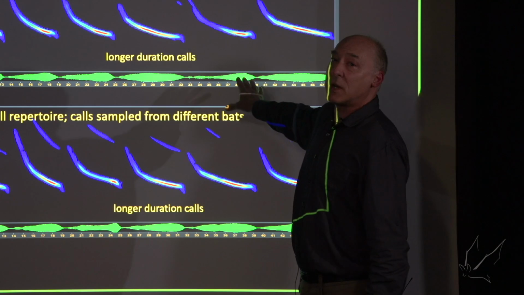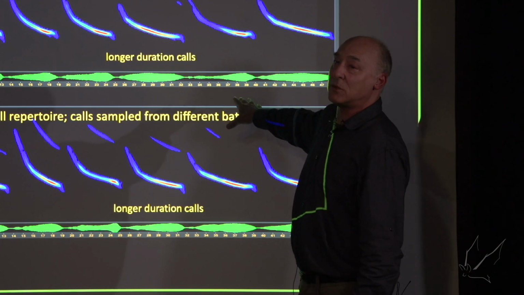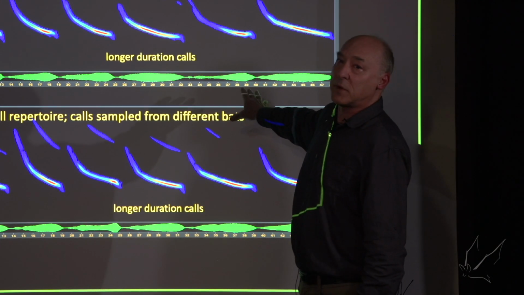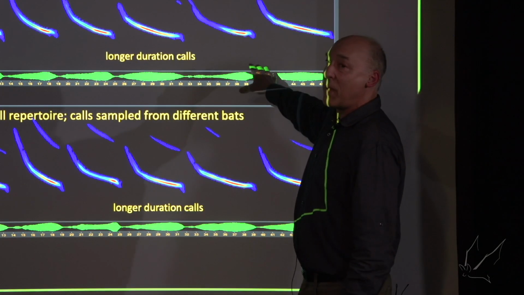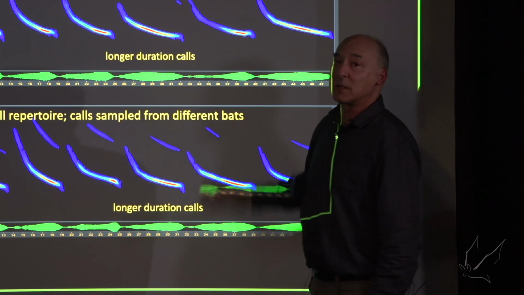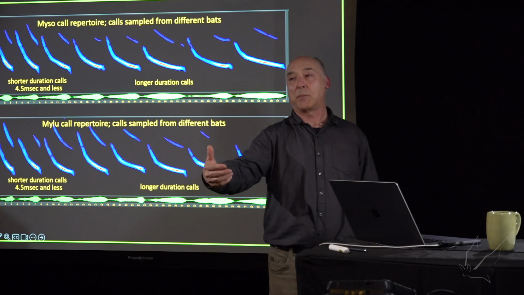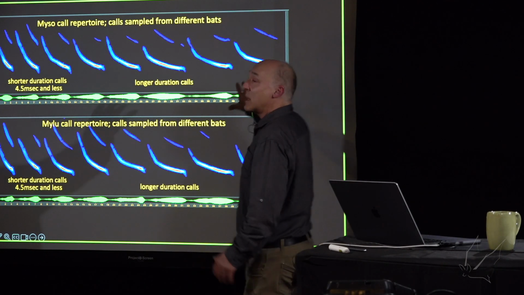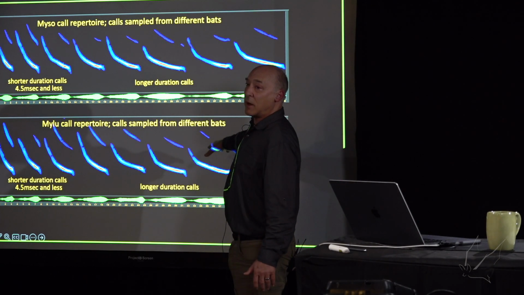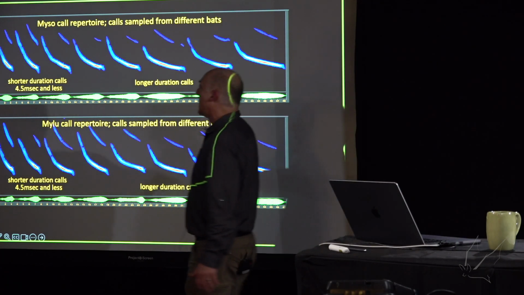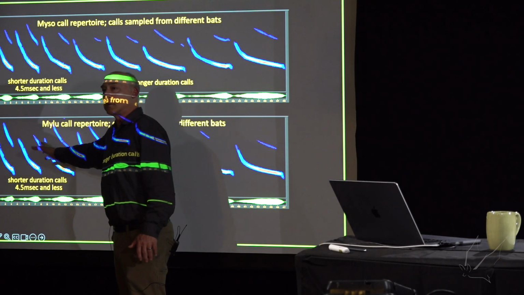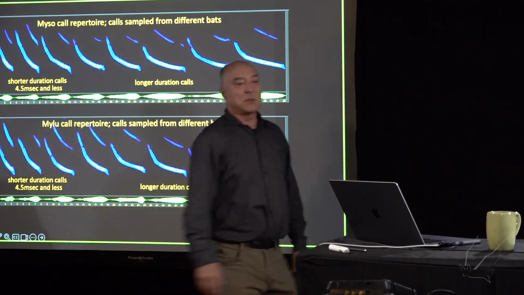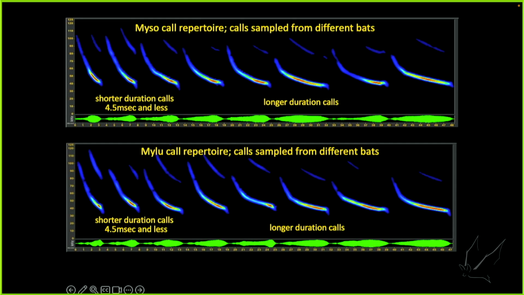And so these are the kind of calls that we need to get reference recordings from and know it's that bat making these calls, because when we place our equipment out for passive recording, these are the kind of calls that you're recording when the bat's actually doing its thing. And these shorter calls happen just on initiation of flight, or if the bat's in a very cluttered environment.